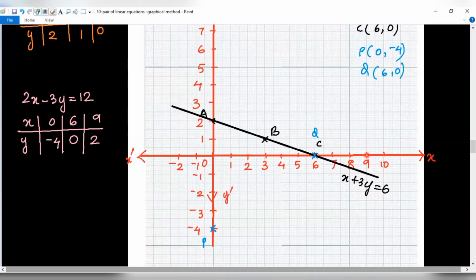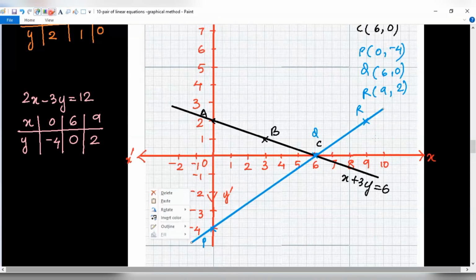This is our 9 on x-axis and 2 on y-axis. See, this is 2 on y-axis. So this is the point R. This is 9, 2. Next, we have to join this P, Q, and R. Okay. Thus, we got that line. We have to write down the equation 2x minus 3y equal to 12 is this line.